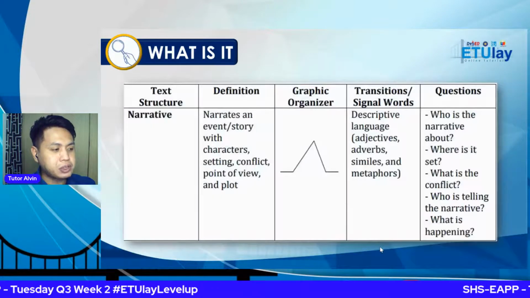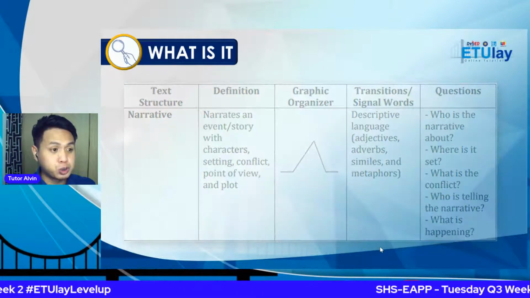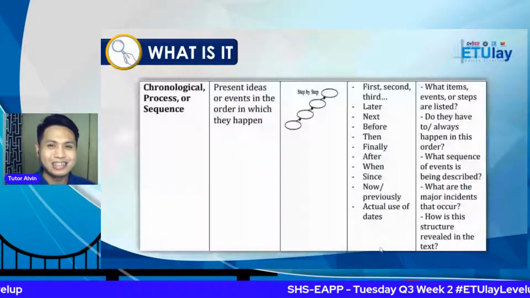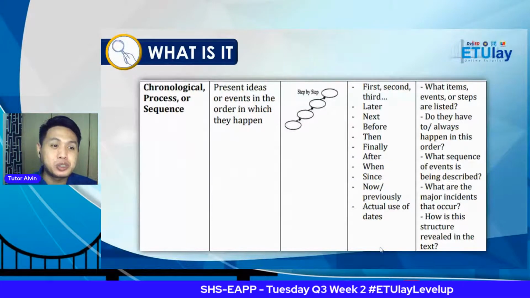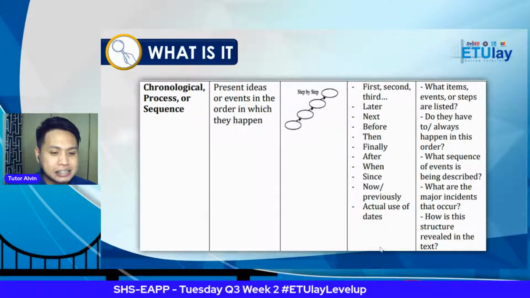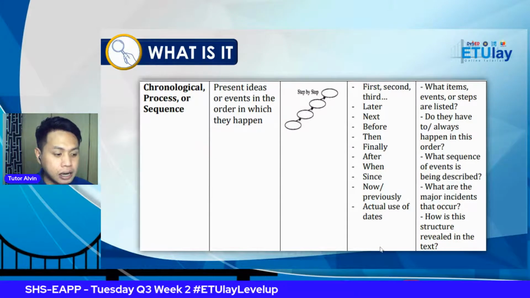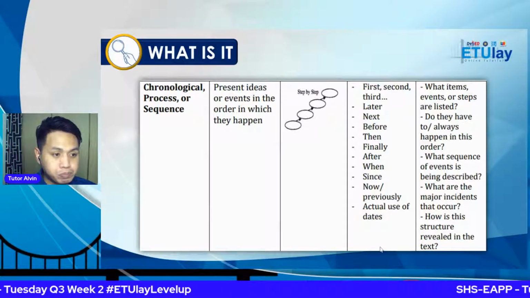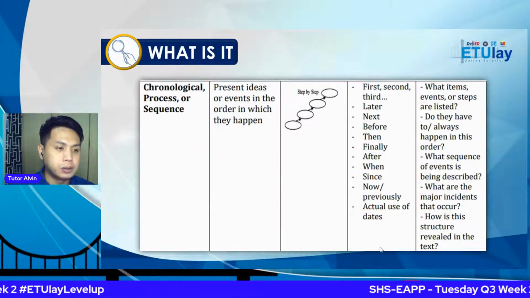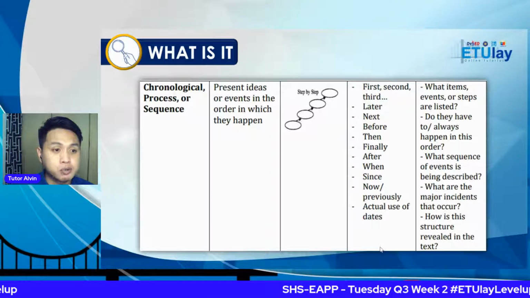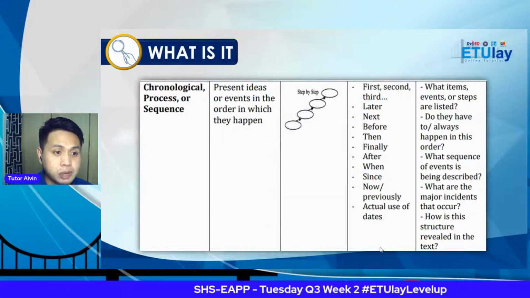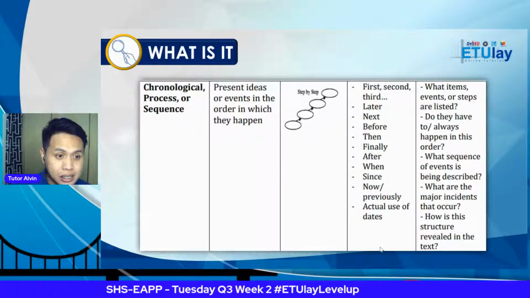So we have here some guide questions to determine that what we are reading falls under this text structure. What items, events, or steps are listed? Are there steps listed?